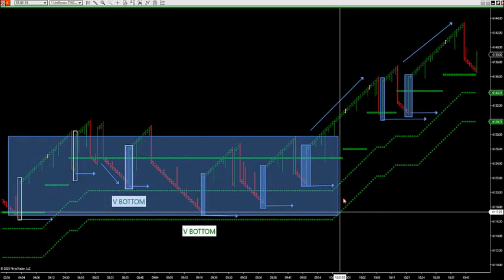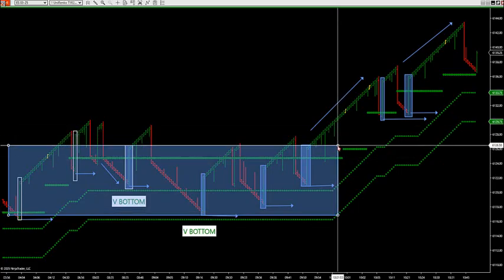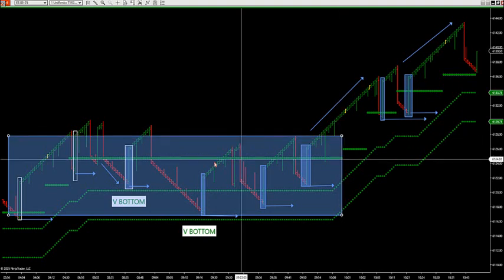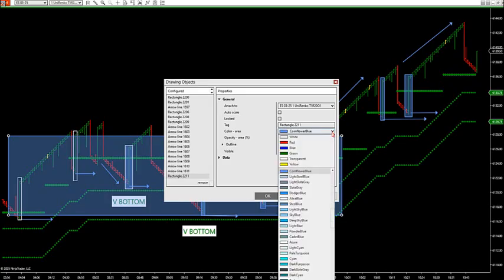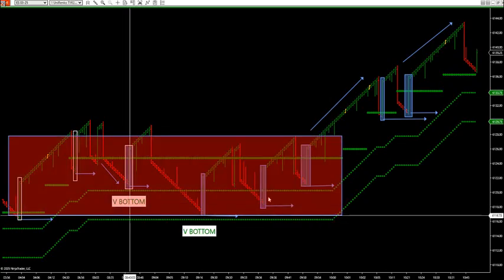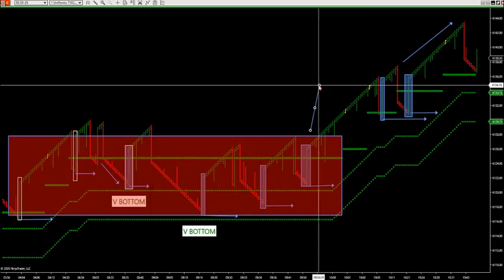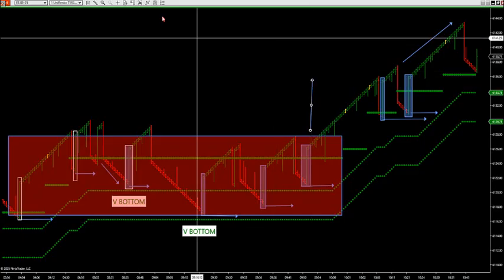Low value and high value was here. Low value and high value was there. So this is where the market was balanced. Once we get into an imbalanced market where there's no profile, guess where it likes to go?